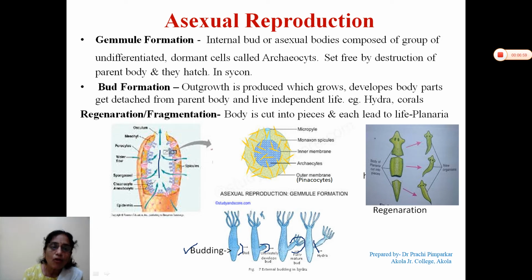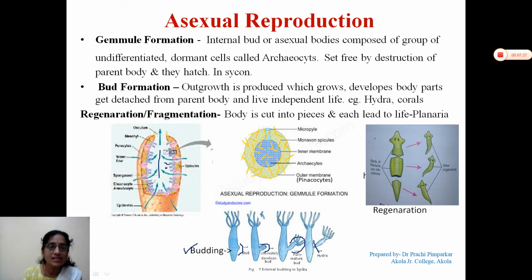This outer wall produces gemmules from the inner part. Here they are very small and it is very difficult to enlarge them because the image doesn't get clear if you magnify it. So try to observe this diagram very carefully. See, I am pointing to the gemmules.